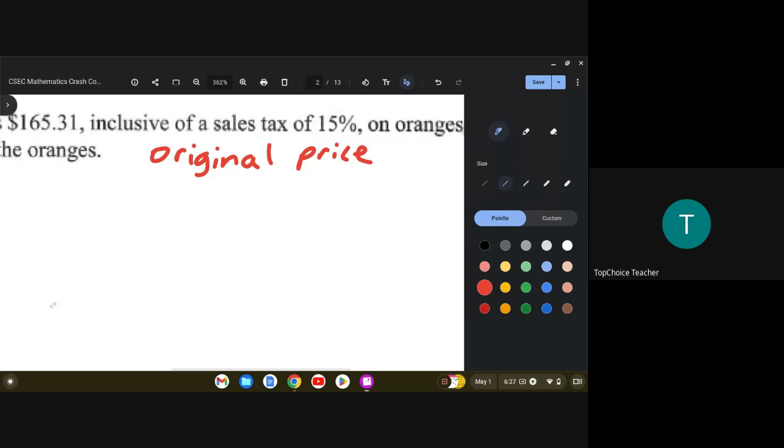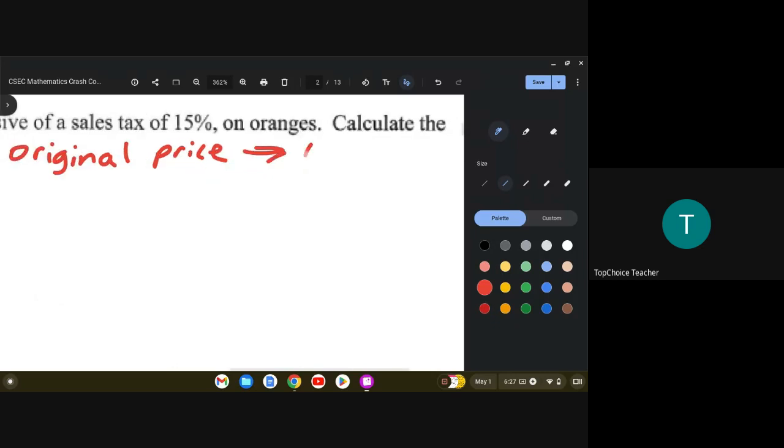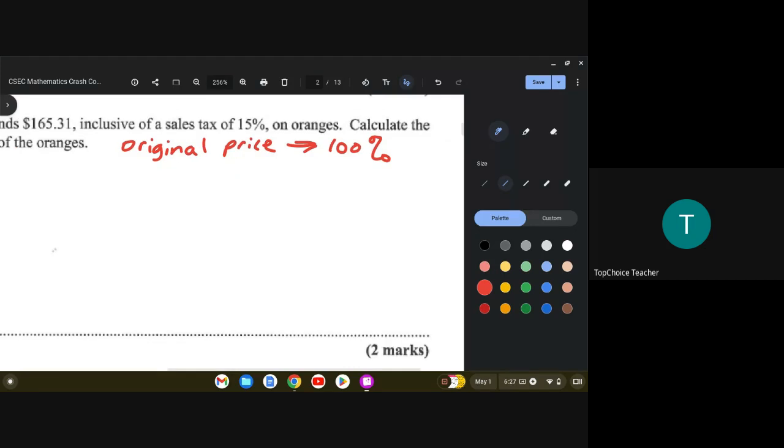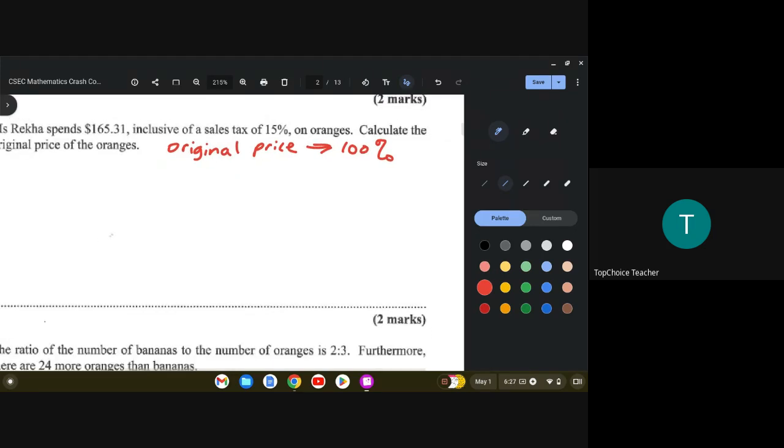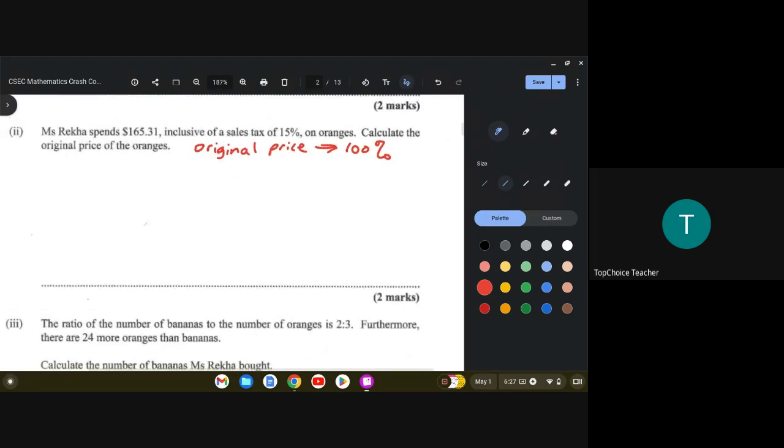The original price is going to be 100%. That is something that we use as a guide in these types of questions. Whatever the original price is, we consider it 100%.